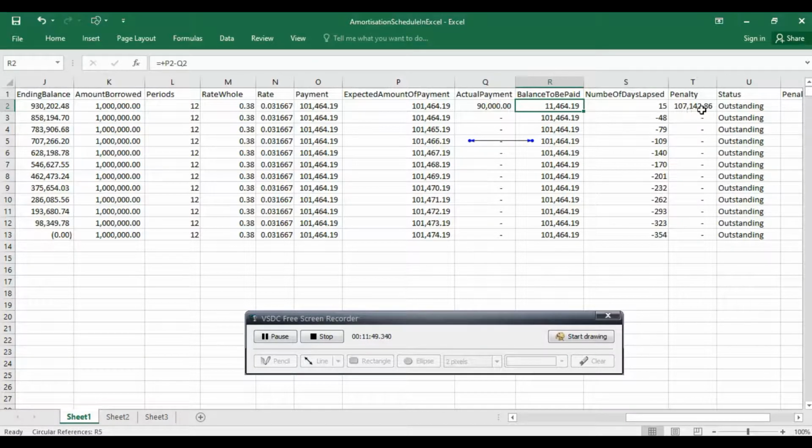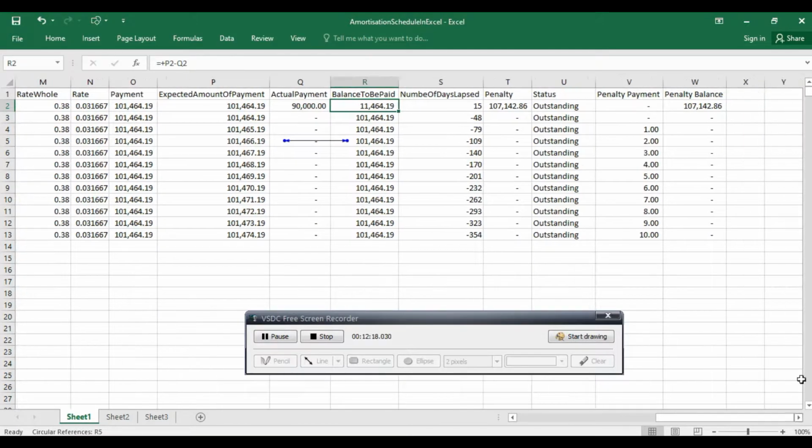It depends on the institution what the penalty charge rate should be. In this case, we deliberately put it at 5%. That's why it's arriving at 107,142. And the penalty balance is 107,142.